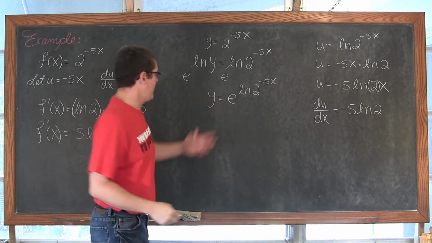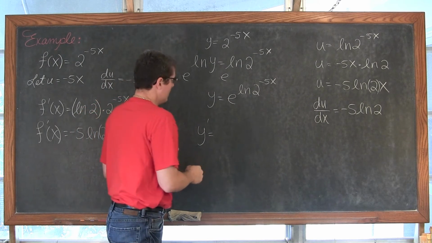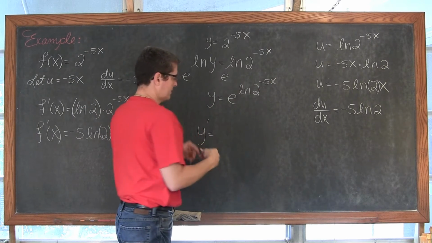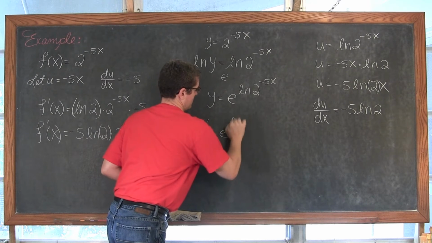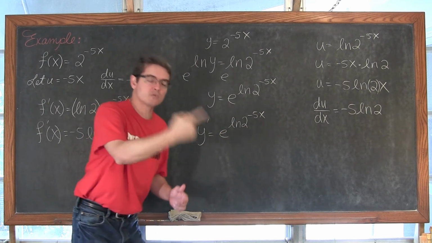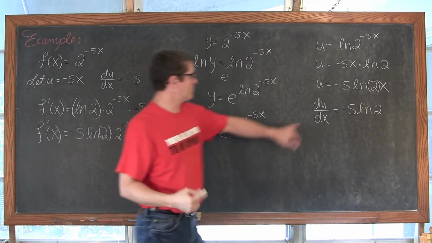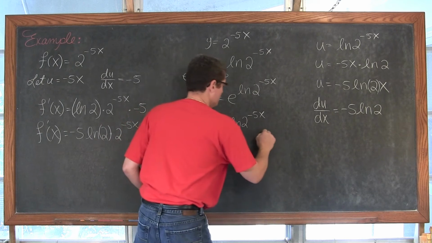Okay, so we have y prime is equal to e to the u, and the derivative of e to the u is e to the u times the derivative of u with respect to x. Well, the derivative of u with respect to x is negative 5 natural log of 2.